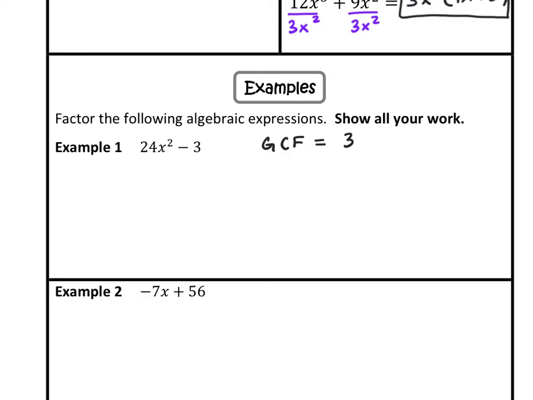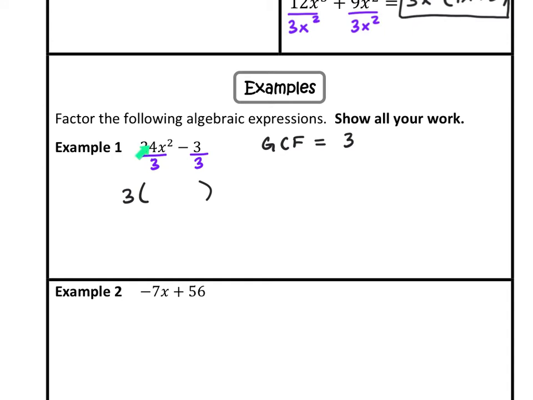And so we're going to write the 3 and open a new set of parentheses. And we're going to take the GCF and divide both of these expressions by the GCF. Okay, so we're going to divide and then we're going to write our answers in the parentheses.